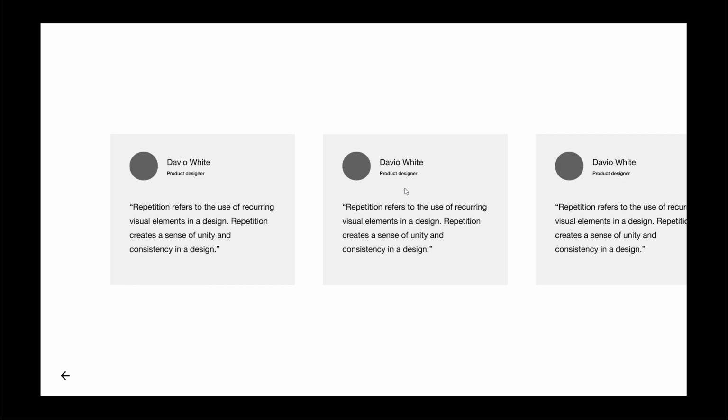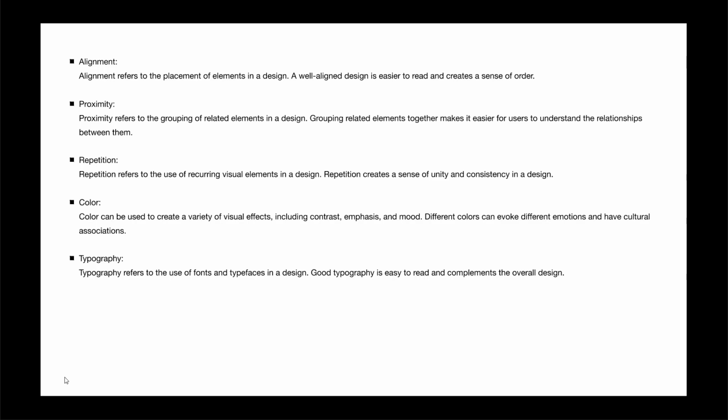By creating one card design, it can be duplicated multiple times across the product and retain its consistency. We'll take a look at this more when we get to the component section of this course. Let's take a look at other principles.